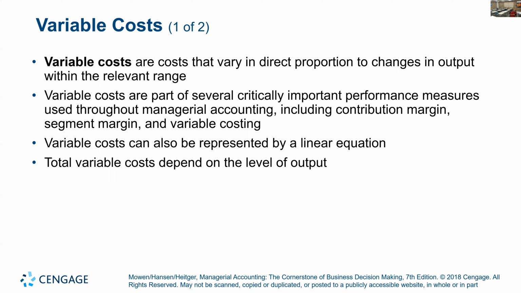Okay, so the more we produce, the more total variable costs we're going to have for direct labor or direct material, because the more material we're going to use. Okay, but for every unit we produce, it's still going to cost the same amount. Total cost fluctuates, but the per unit stays the same. Whereas in fixed costs, the total stayed the same and the per unit cost fluctuates.